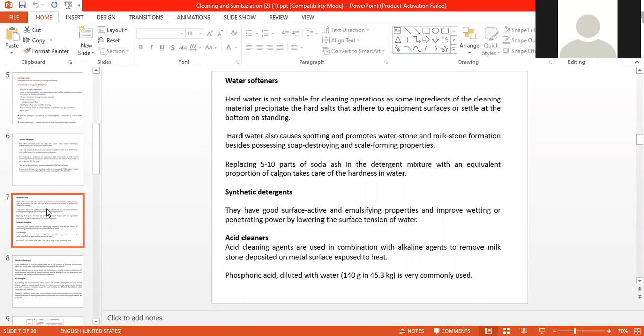An acid cleaning agent is generally recommended in combination with alkaline agents to remove milk stone deposited on metal surfaces exposed to heat. Phosphoric acid diluted with water, generally 140 gram in 45.3 kg, is very commonly used.